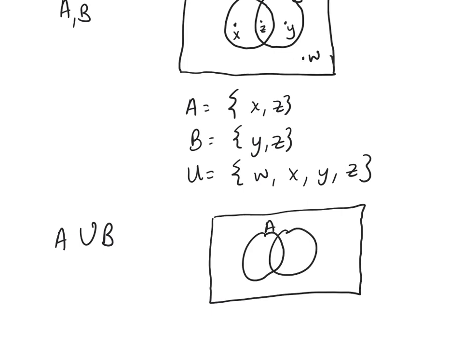Here's A, here's B. So it's all the elements that are either in A or in B. So you're just going to combine them together, and this would be the picture for the union of A and B.